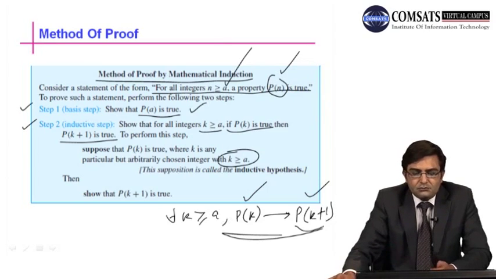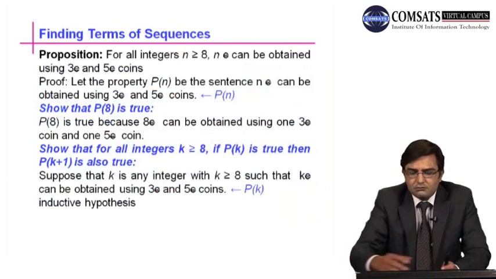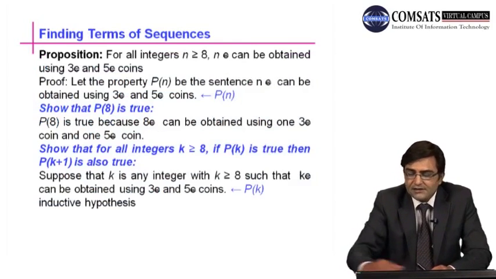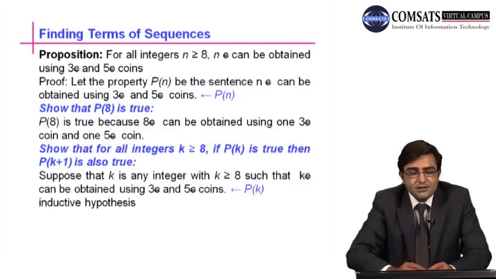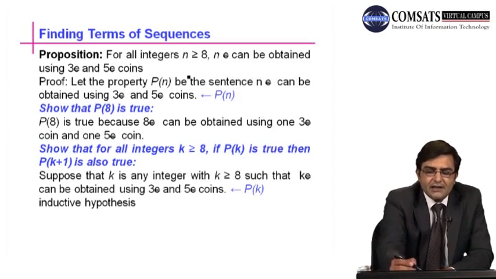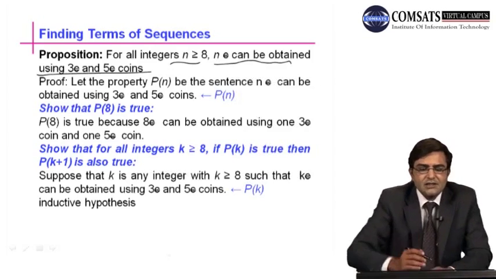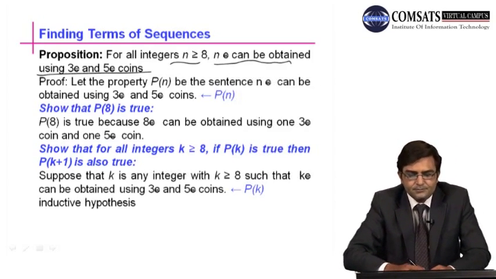So we prove an example which we discussed at the start, in the introduction of mathematical induction. Let's try to prove the given property in the introduction: for all integers n greater than or equal to 8, n cents can be obtained by using 3 cent and 5 cent coins.